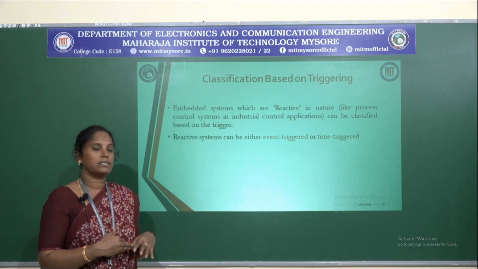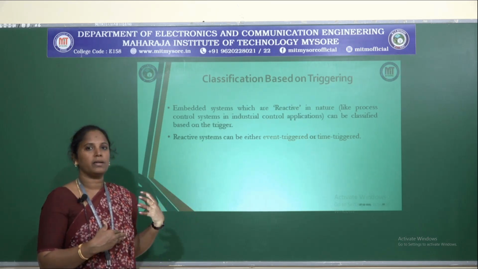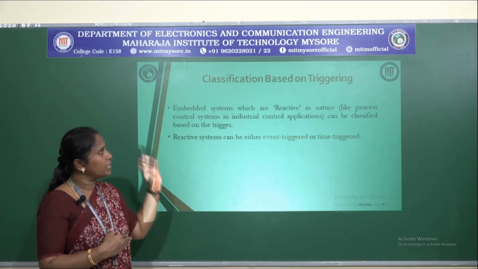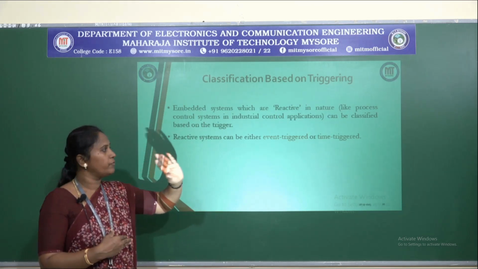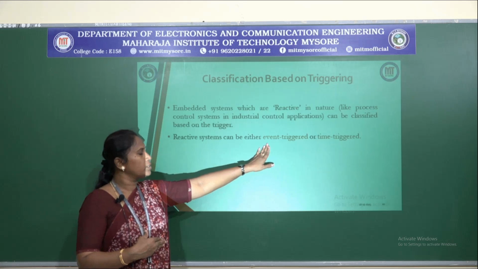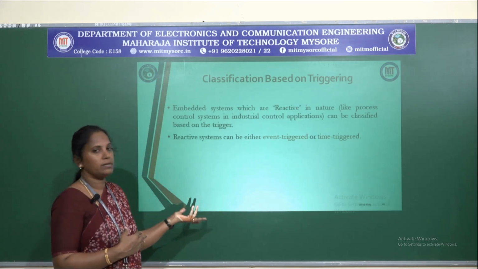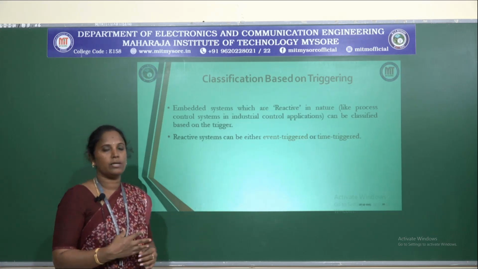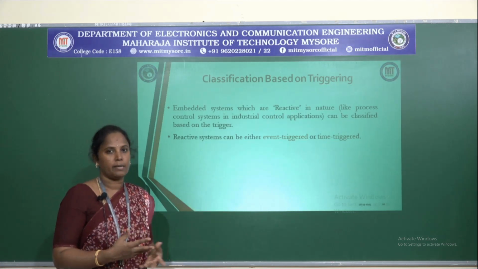So if it meets some criteria, only then is that event going to happen. Triggering refers to whether it is going to satisfy its condition, so only when certain criteria are met, that is called event triggered or time triggered.